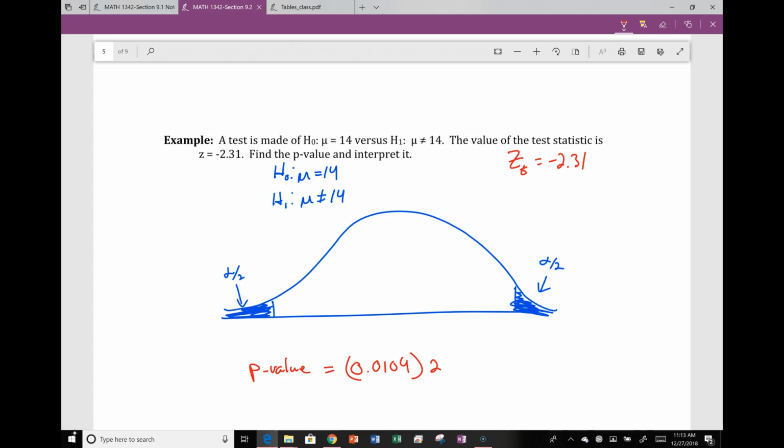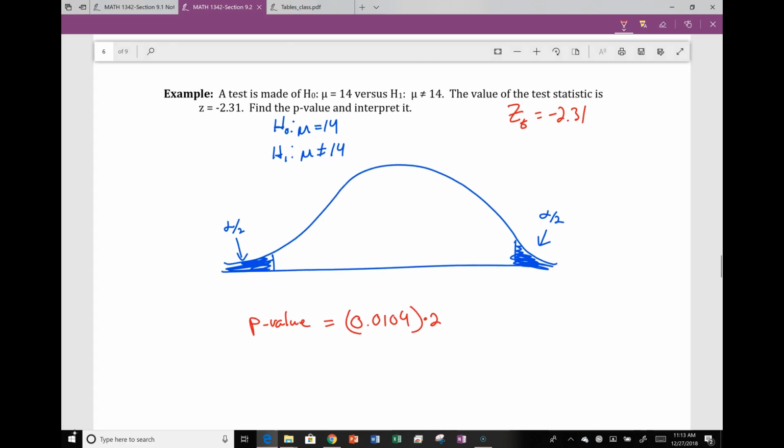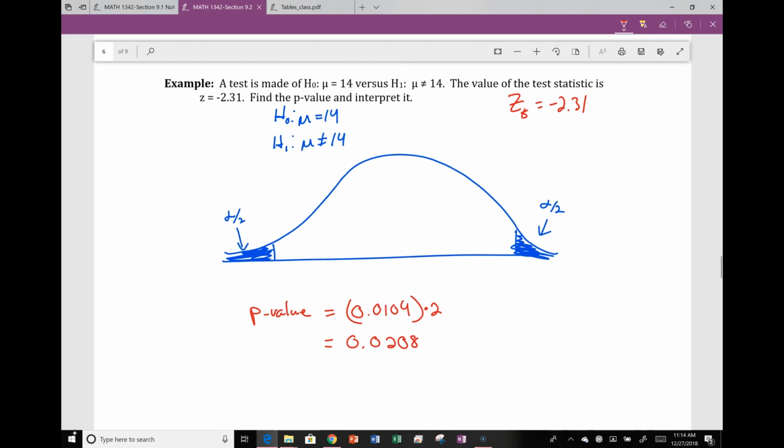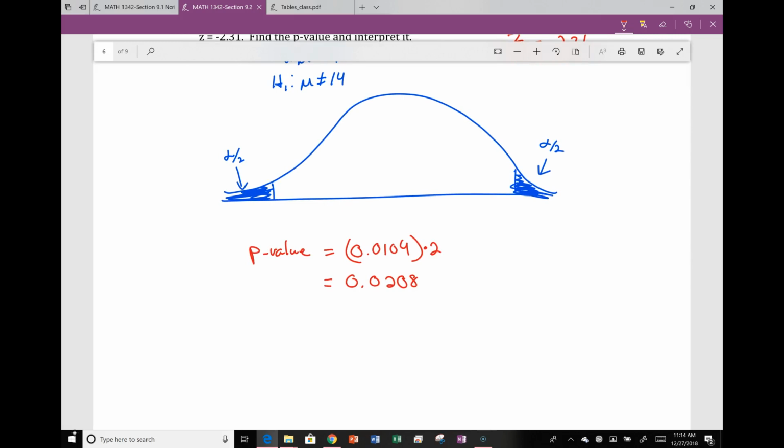Just like we divided the alpha by 2, we actually have to multiply the p-value by 2. And so our p-value is actually 0.0208. Anytime you're looking at a two-tailed test, you have to divide the alpha by 2, and then you have to multiply the p-value by 2. So again, since this is smaller than our 0.05, we would reject our null hypothesis in this particular case.